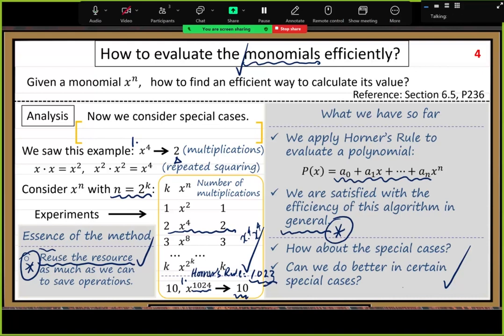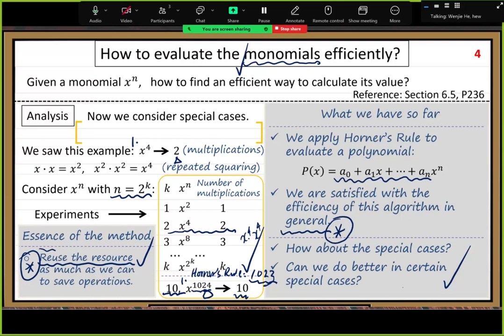And here you can see at the end of last time we compare how many multiplications we can save. Here we use this example when k equals 10, n equals a power of 2, 2 to the 10th. So n equals 1024.